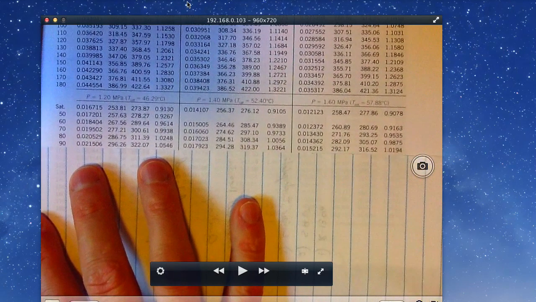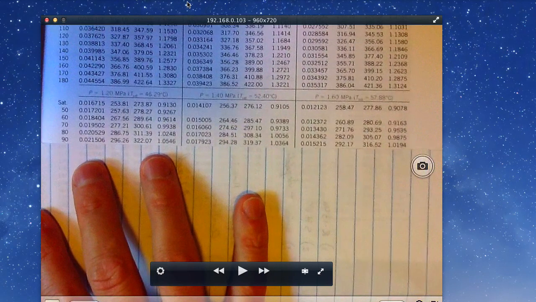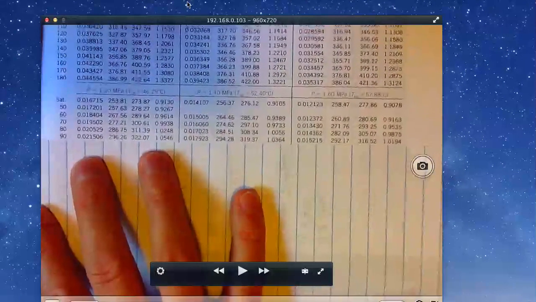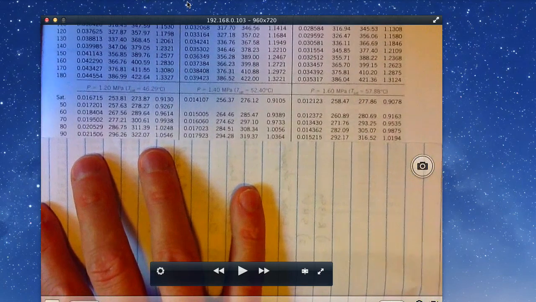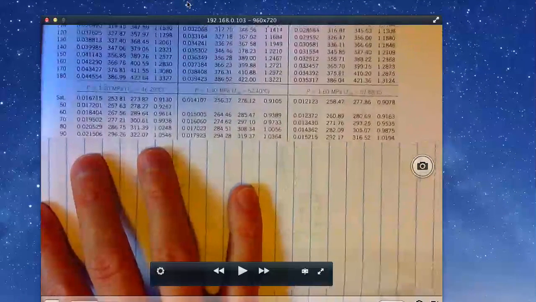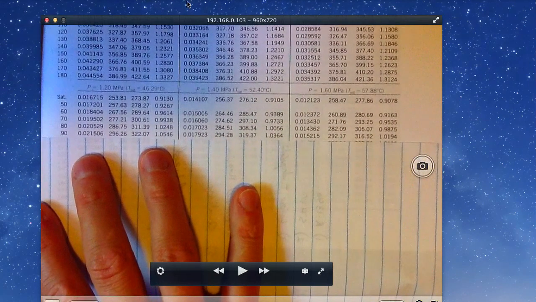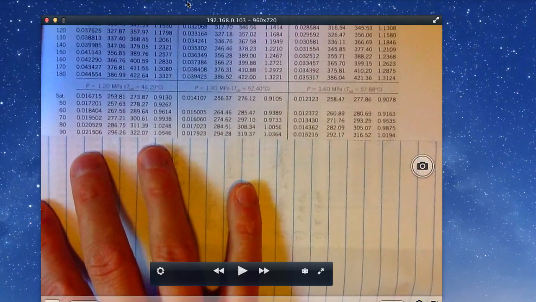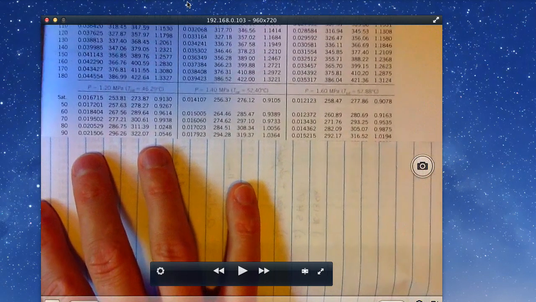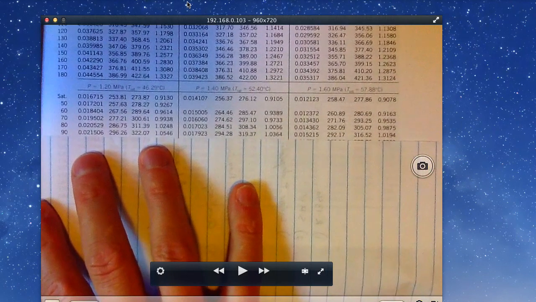But how do we know exactly which one it is? Because our value is 0.015, it's not 0.014362 or 0.015215. We have to determine precisely what that temperature is, knowing that our exact value is 0.015. To do this, we do something called linear interpolation.